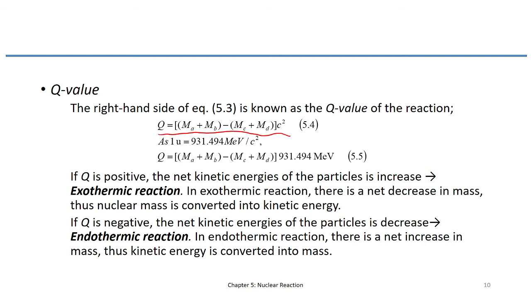Okay, and the unit for the rest mass is in U. Since it is in U, and we know that 1 U is exactly 931.494 mega electron volt per c squared, the square of the velocity of light, you can further simplify equation 5.4 to equation 5.5.